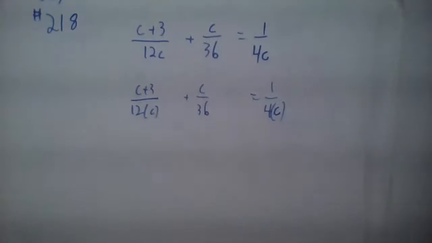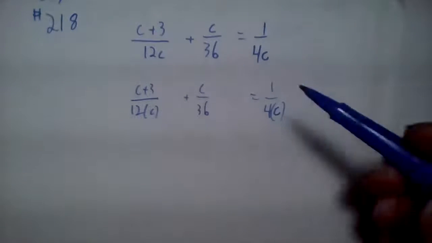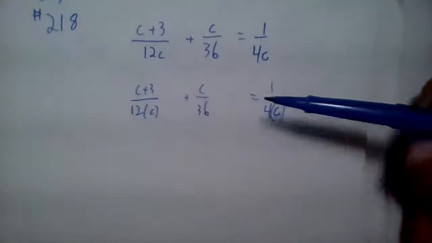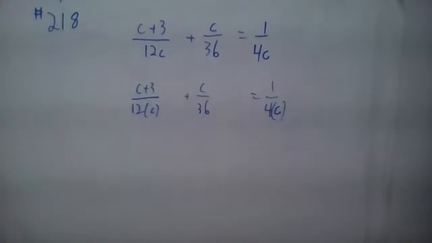That's 12, 36, and 4. I could actually do 12 times 36 times 4, but I don't need to do all of that because 12 and 4 both go into 36, right? It's already got factors of 4 and 12 in it because 36 is already a multiple of those things.